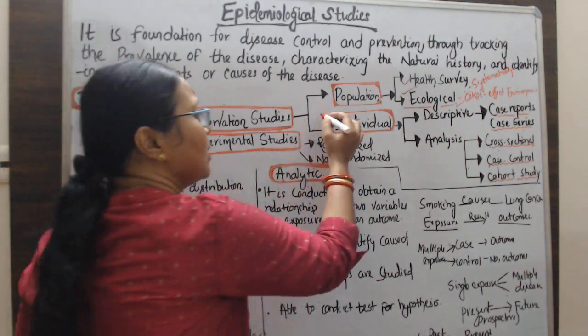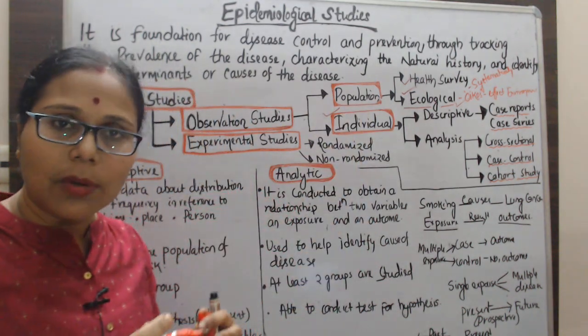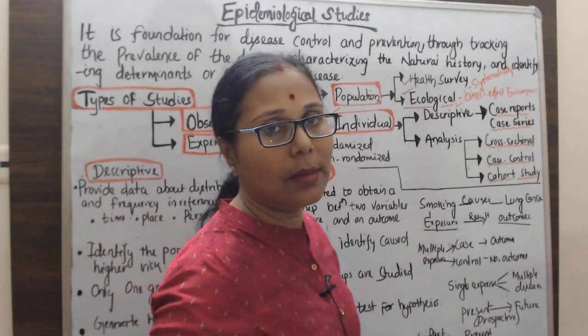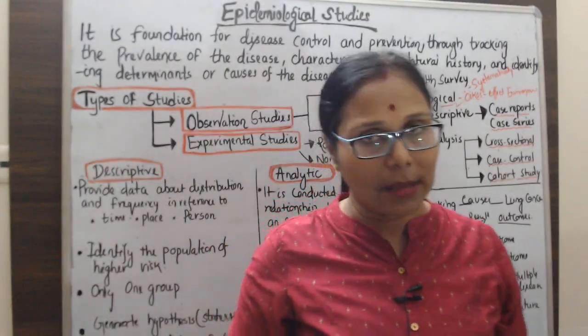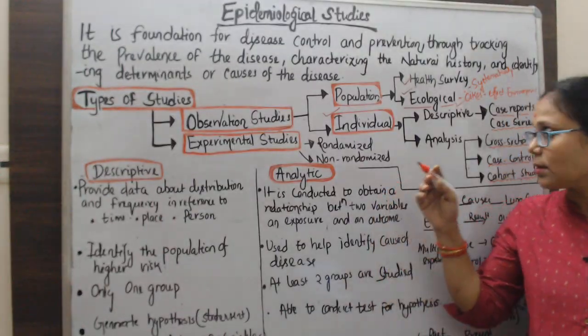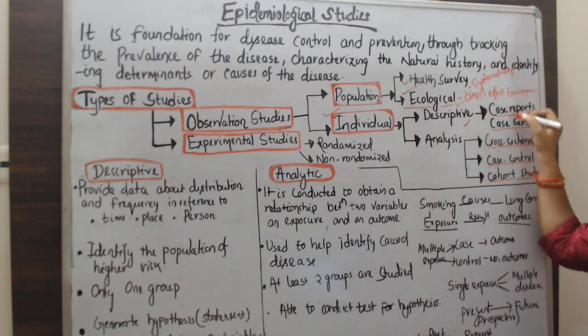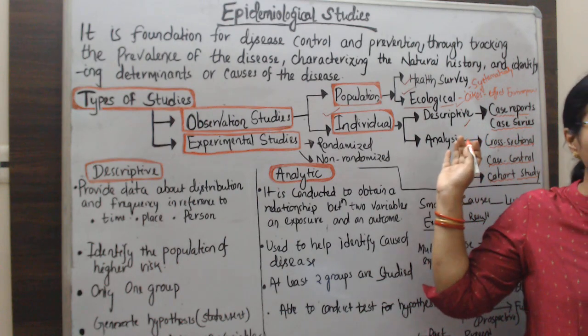But if we are studying the individual, here there are two ways: one is descriptive and the other is analytic. In descriptive there are two types, case report and case series.